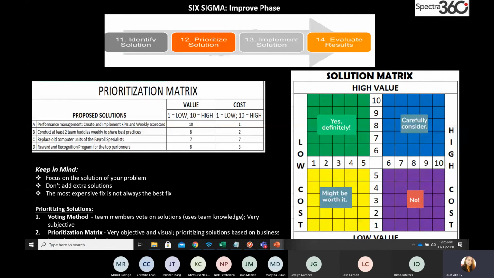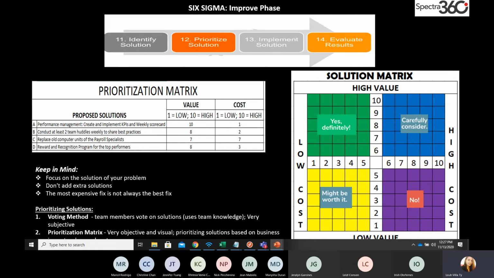Anything with high cost and low value, definitely a no. If it's expensive and you feel it's not really that valuable, then drop it. There are also things which entail high cost but are valuable, then you have to carefully consider it. It's worth the try maybe, or it's worth a considerable study.